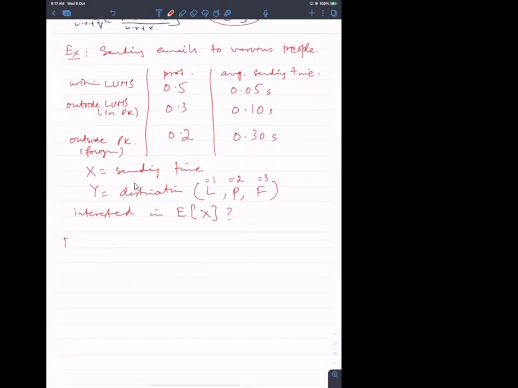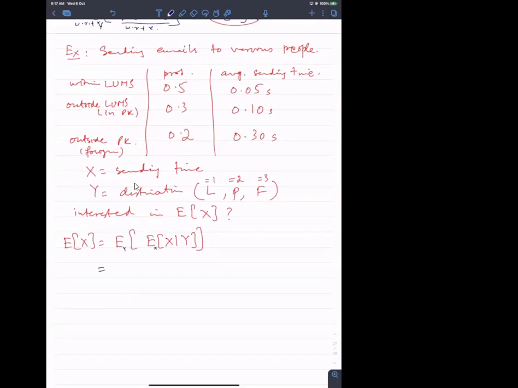You can find the expected value of x by conditioning on y, expected value of x given y. So this expectation is with respect to y, and this expectation is with respect to x.